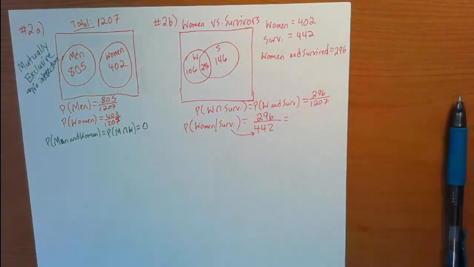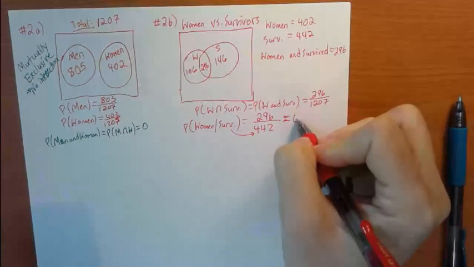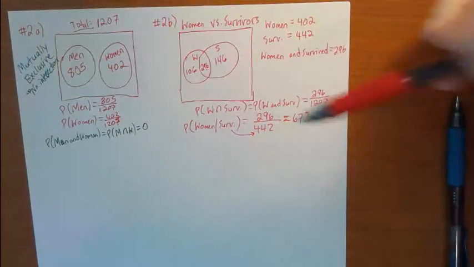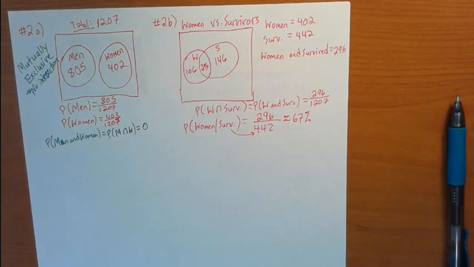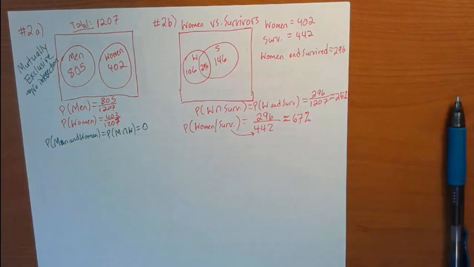And we could find that probability on our calculators. 296 divided by 442 equals about 67%. So that's basically 67% of the survivors were women. More than about 2/3 of them were women. And this was about 25% earlier. So those are two probabilities that we can for certain find given that we have an intersection here to deal with. And we've done that sort of thing a little bit before.